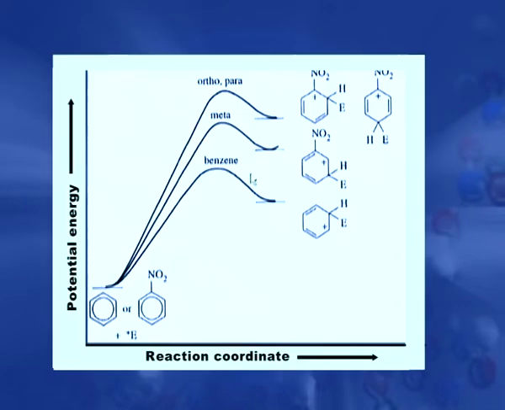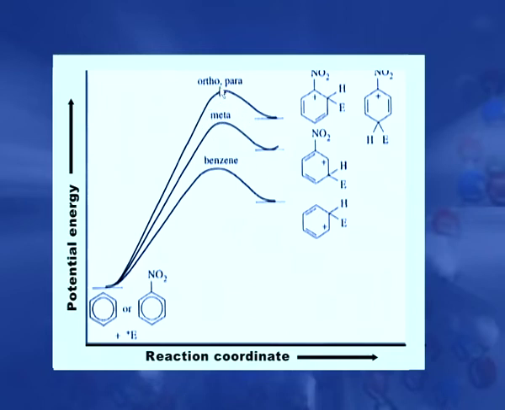We can see this energy diagram also. If we compare with benzene, benzene is this one, because the nitro group has an electron withdrawing inductive effect. So, it withdraws electrons. That is why this has a high activation energy as compared to benzene, and in this, ortho and para have much higher activation energy than meta.